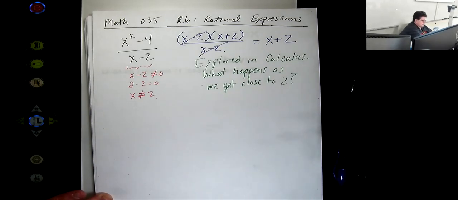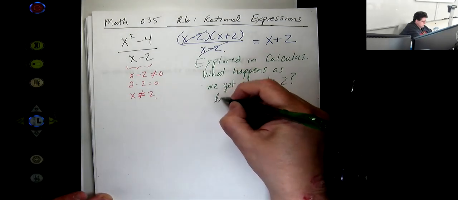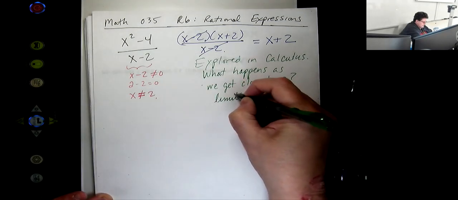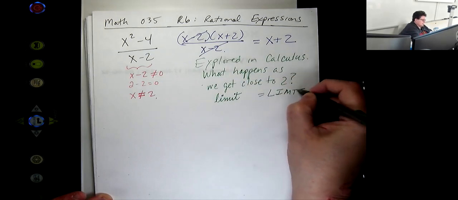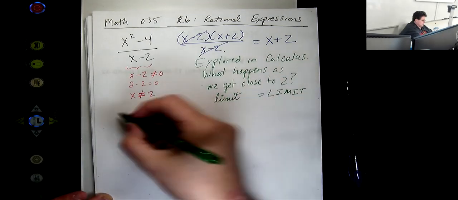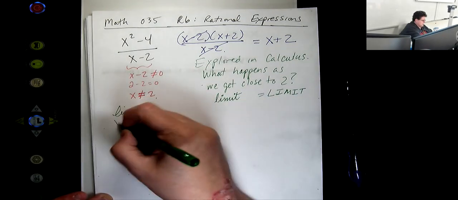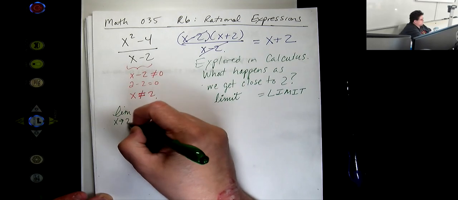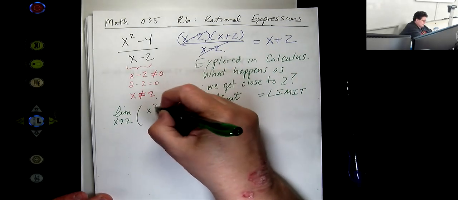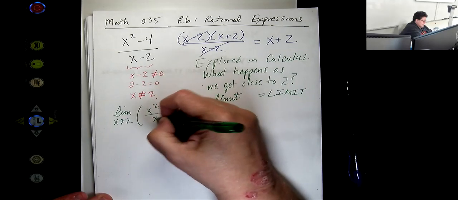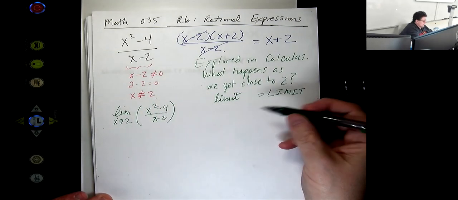The way they describe what happens as we get close is they call this doing a limit. They say the limit as x goes close to 2, so they have an x with an arrow going towards 2. They'll give you the full thing, x squared minus 4 over x minus 2, and you're supposed to figure out what happens.